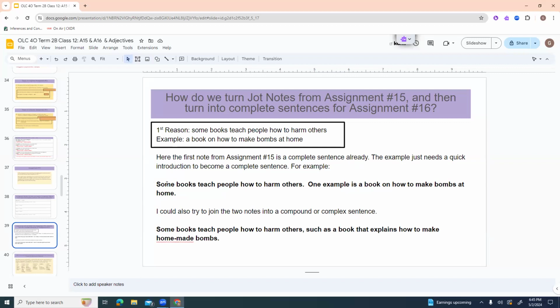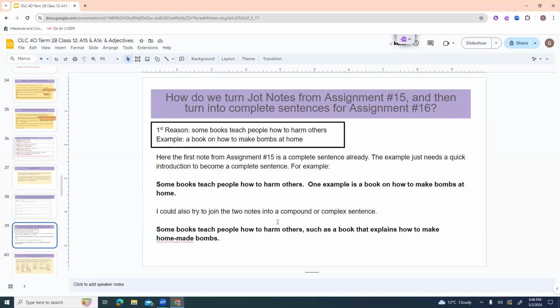So I could make this a grammatical sentence very simply. First one is already there. Some books teach people how to harm others. One example is a book that explains how to make bombs at home. Ta-da, I'm done. Or I could go a little more upscale. Some books teach people how to harm others, such as a book that explains how to make homemade bombs. It's the same thing.